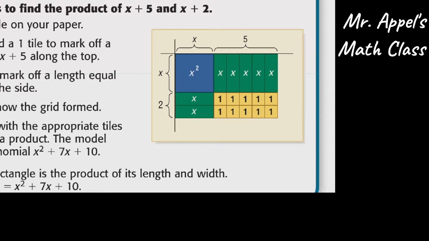And notice here, because of that representation, the order doesn't matter. Right? Whether you think of it as, I'm going to distribute the x plus 5 into the x plus 2, or distribute the x plus 2 into the x plus 5, it's still multiplication, it's still commutative.